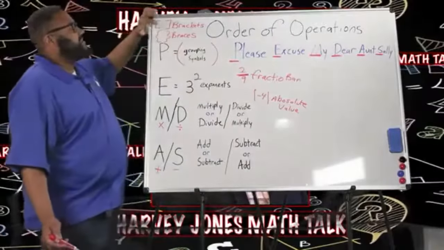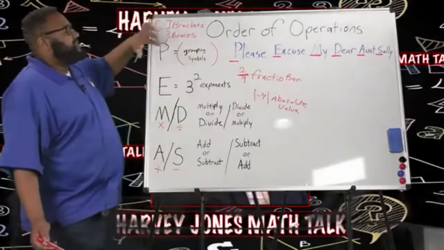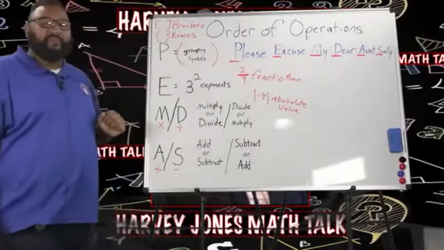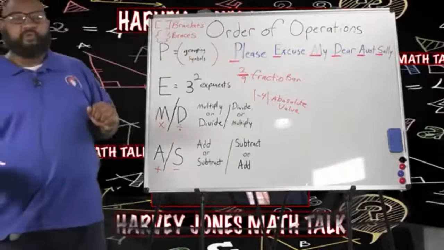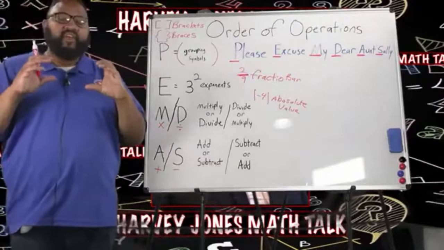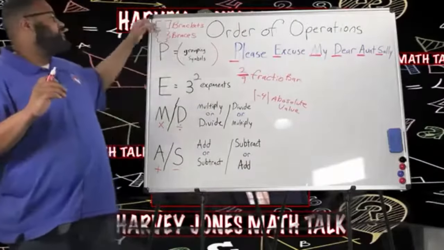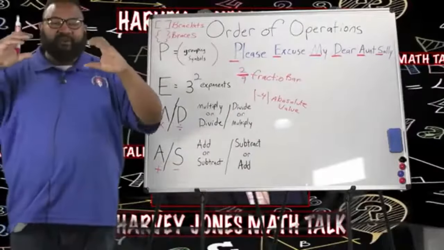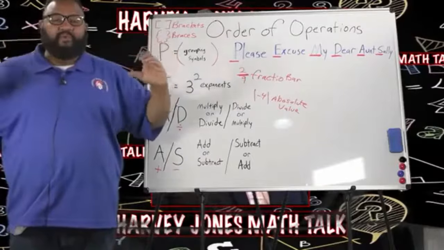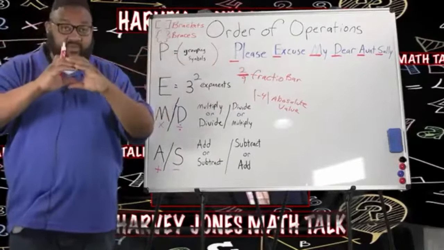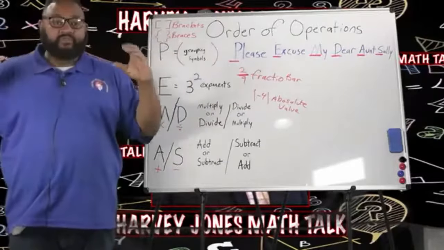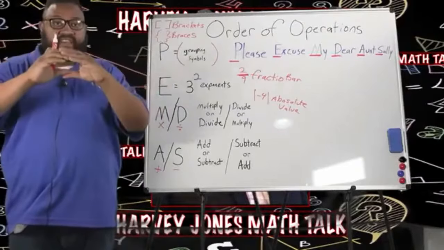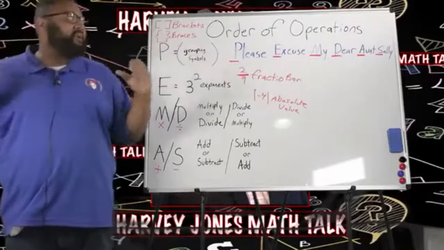Sometimes you're going to see brackets, sometimes braces. But definitely in order of operations, you are going to see what we call parentheses. And once again, if you see any of these symbols, you're going to work from the inside going out. Say it with me: inside, going out. Inside, going out.